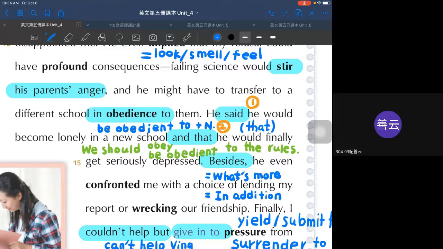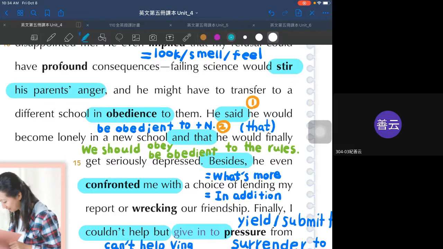All right, so he even confronted me with a choice of lending my report or ruining our friendship. All right, so here you can also underline the phrase confront someone with something. He even forced me to face the conflicts.